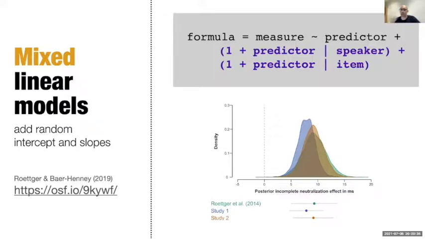One example of work I did with Dina Berheni, shout outs to Dina, on incomplete neutralization. And one interesting component of this is that we basically replicated a lab experiment in a classroom, and we were not interested anymore in evaluating whether incomplete neutralization is there or not, because it is, but whether the classroom experiments and the lab experiments actually yield comparable estimates.